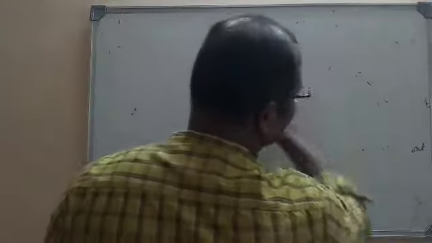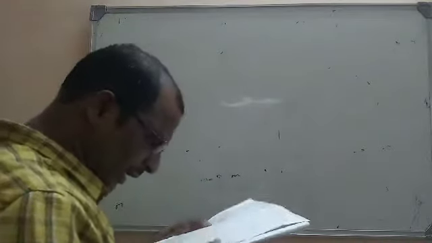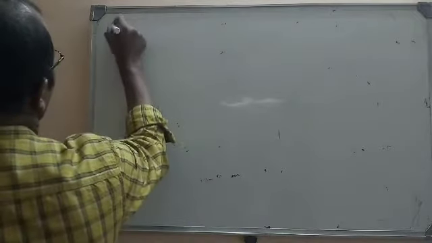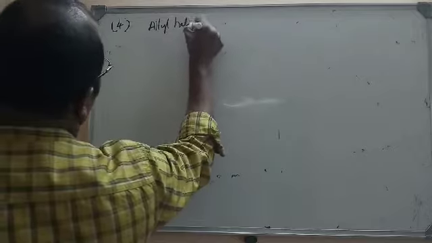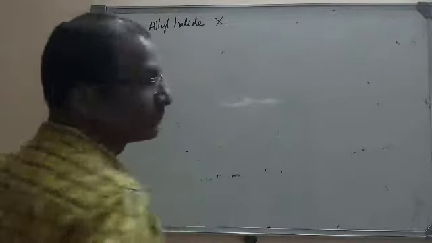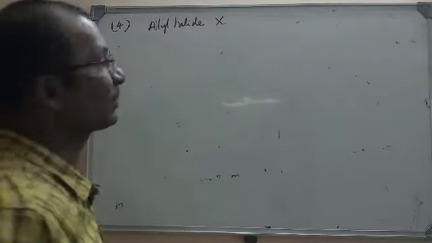That is question number 4. Which of the following is not an allyl halide? You all know allyl halide. Halide means halogen.